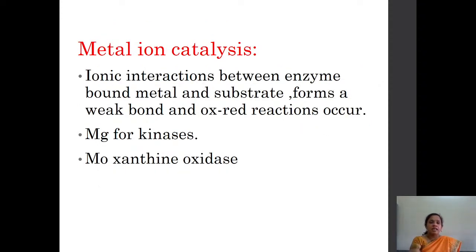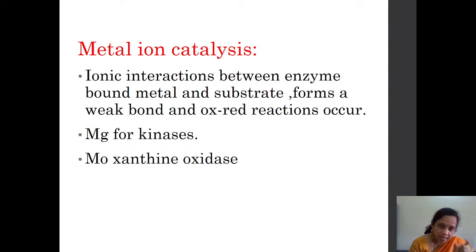Next is metal ion catalysis. The interaction between the enzyme bound metal and the substrate forms a weak bond, as in oxidative reactions. In metal ion catalysis, there is an ionic interaction between the enzyme bound metal and the substrate. So remember that covalent catalysis happens when coenzymes or cofactors are present, and metal ion catalysis will occur when the coenzyme is a metal.